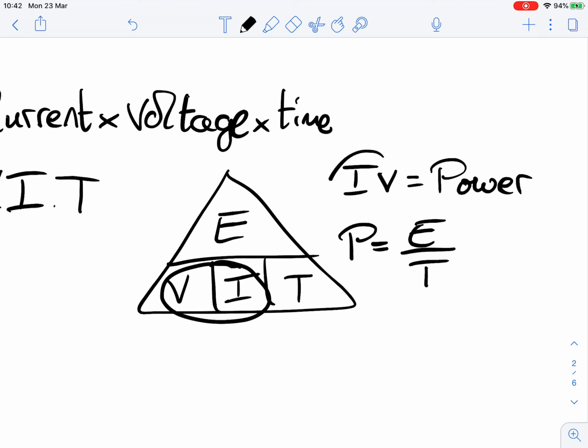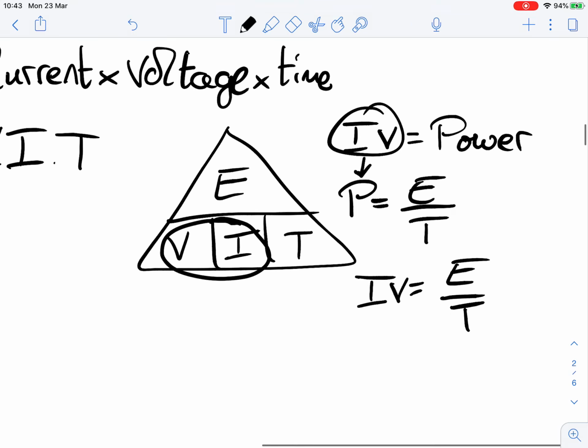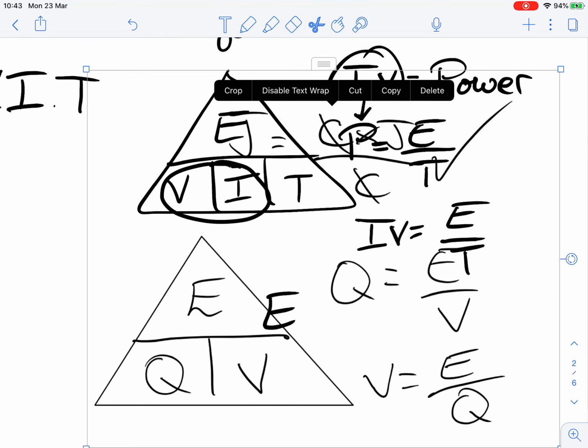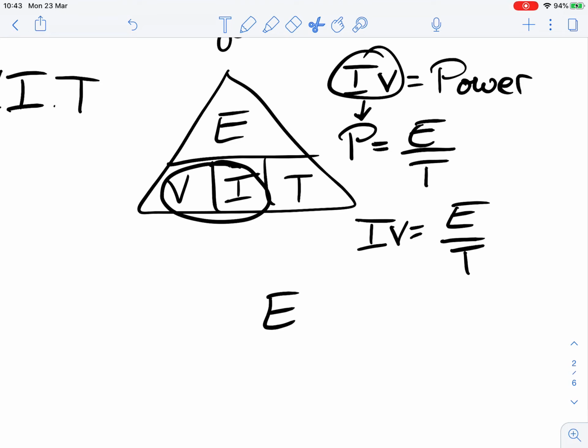So if we substitute in IV into power, we end up with IV equals E over T. And if we were to rearrange that to make energy the subject, we take the time over here, times both sides by time. And we end up putting it over here. And we end up with energy is equal to VIT.